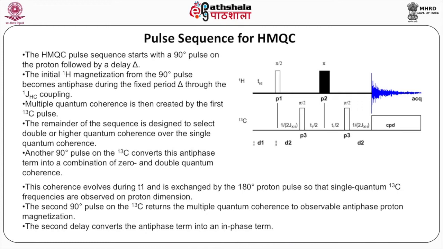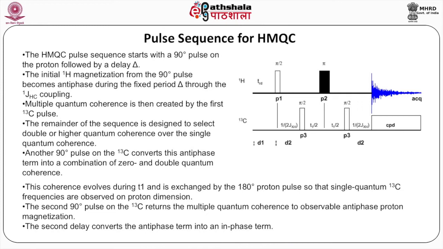The HMQC pulse sequence starts with a 90-degree pulse on the proton followed by a delay delta. The initial proton magnetization from the 90-degree pulse becomes antiphase during the fixed delta through the 1JHC coupling. Multiple quantum coherence is then created by the first C13 pulse. The remainder of the sequence is designed to select double or higher quantum coherence over the single quantum coherence.